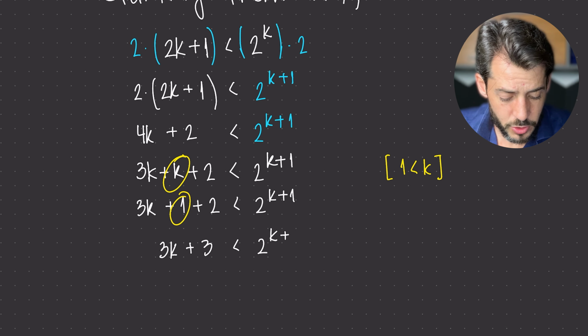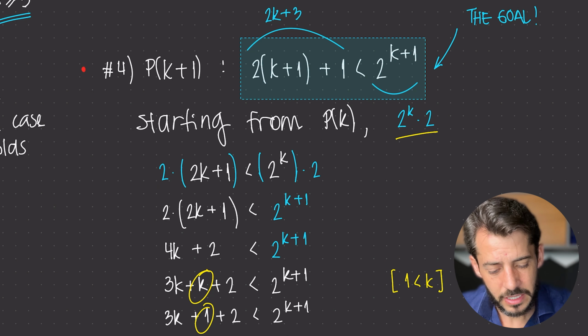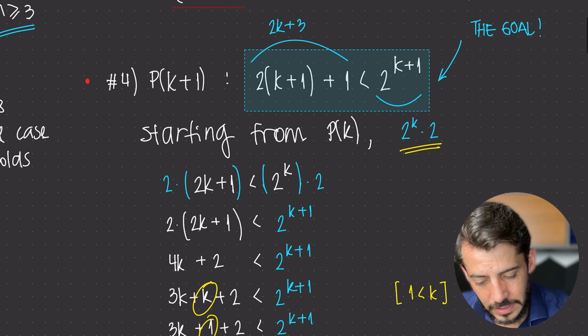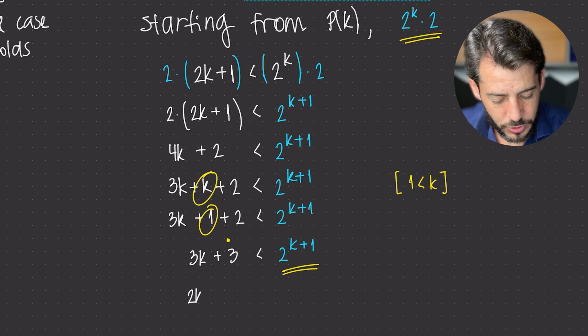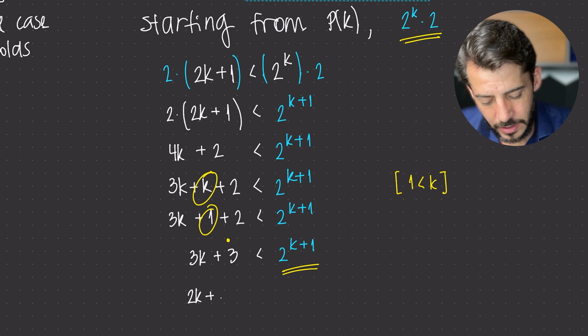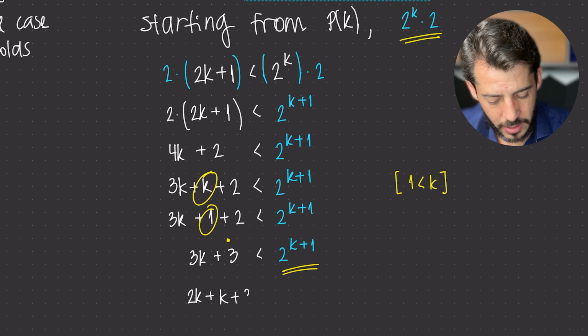And I know I could do other substitutions, or I could do this faster. I'm just showing you step by step so you get the correct process, because the next step will require us to do another substitution. Given that this is right here, and this plus 3 is already here, the last thing that we should do is to break this 3k into 2k plus k plus 3.